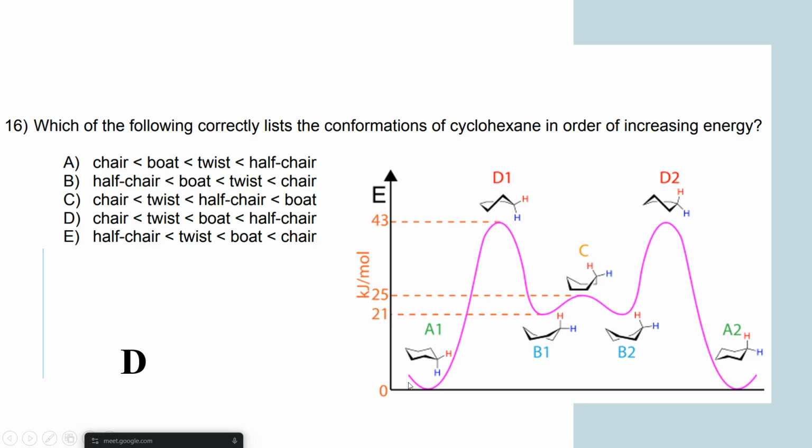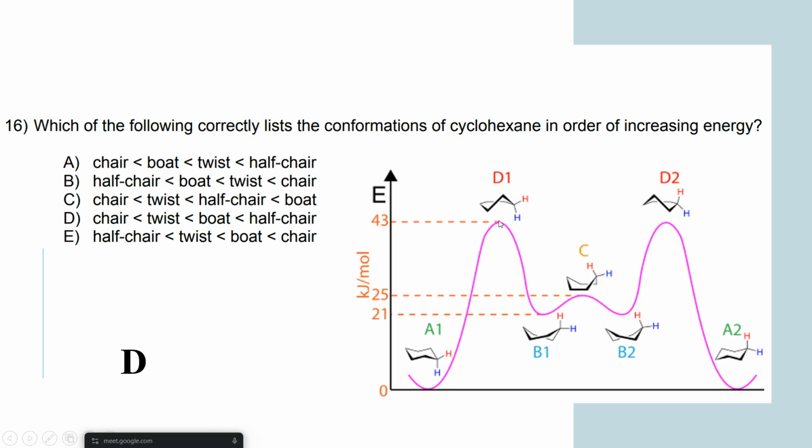and move to the half chair conformation, you have to note down that the half chair conformation is having such a steric repulsion that it is having 43 kilojoule per mole energy in itself.